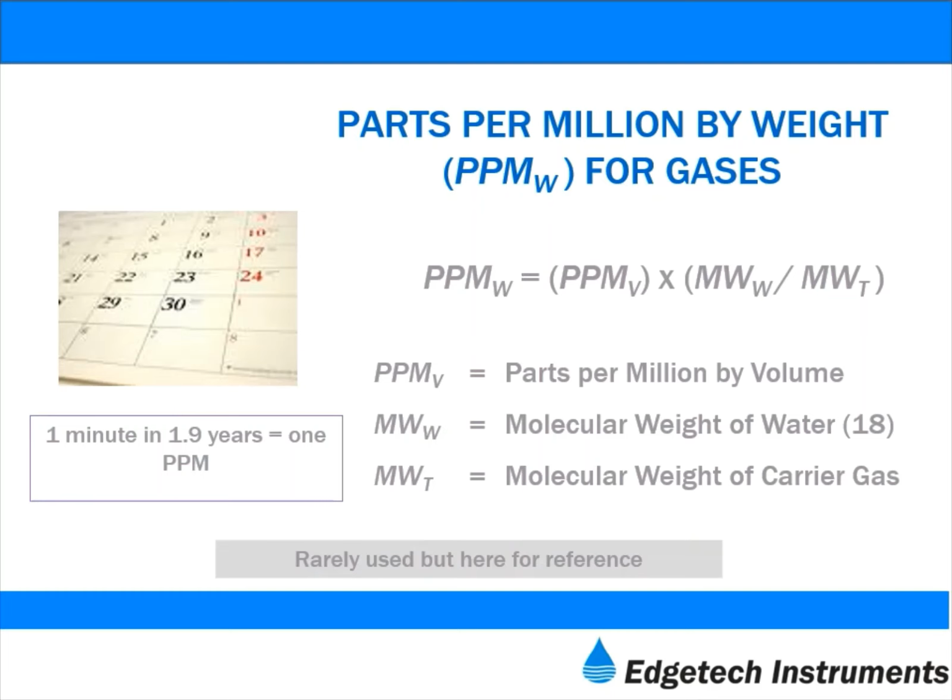Occasionally, somebody might want to know parts per million by weight, or ppmw, in a gas. It's not very common at all. However, when it comes up, there is a formula, again, based on the ideal gas law, that says ppmw is equal to the ppmv value times the ratio of molecular weights, and that ratio was the molecular weight of water divided by the molecular weight of the carrying gas.